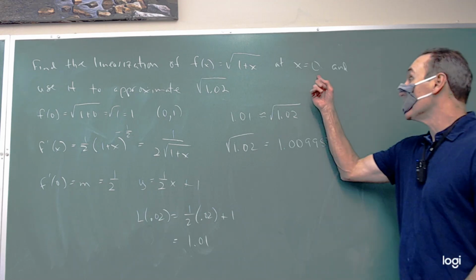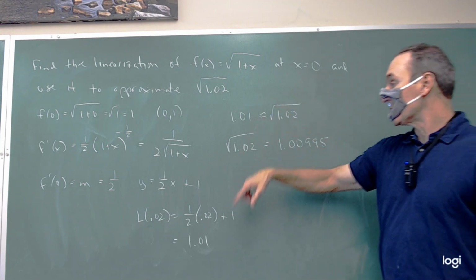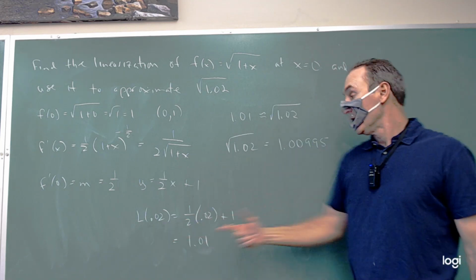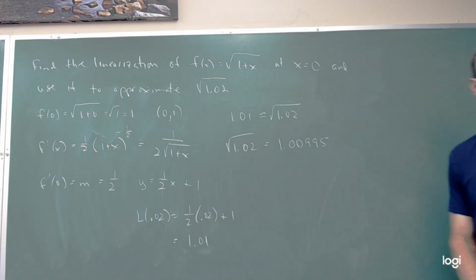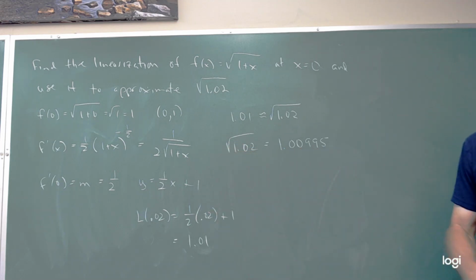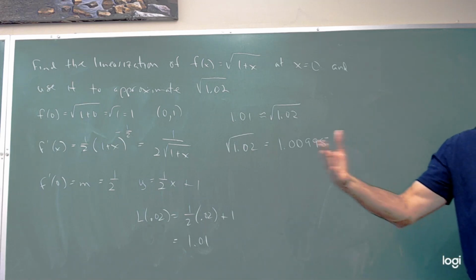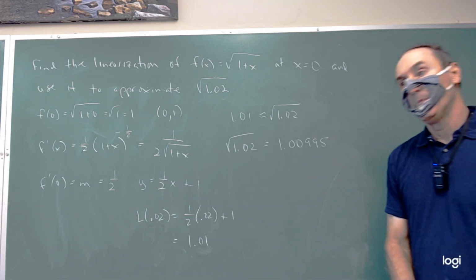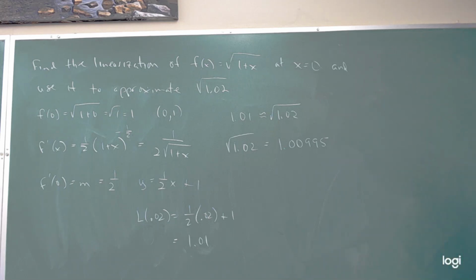Our tangent was at 0, and we just plugged in x as 0.02. So we didn't go very far away, but still, it's kind of impressive for arithmetic we could just do in our head. Now, it's not very good for very long. The further away you go, the worse it gets. But there you have it.